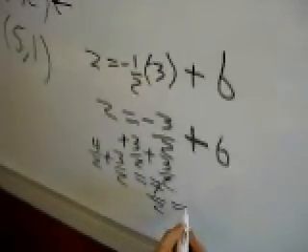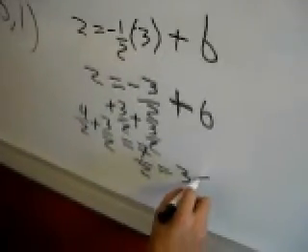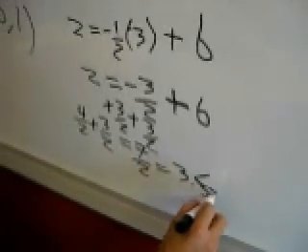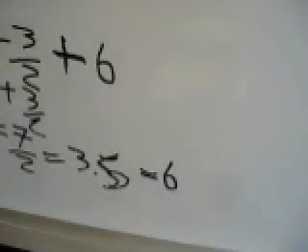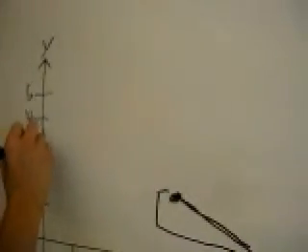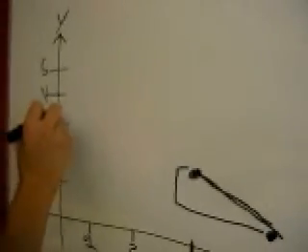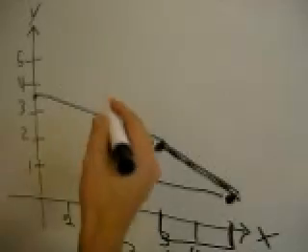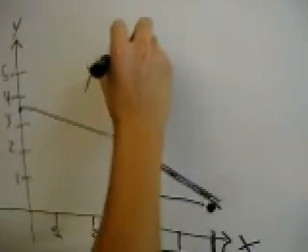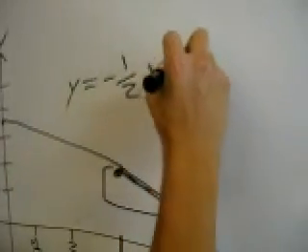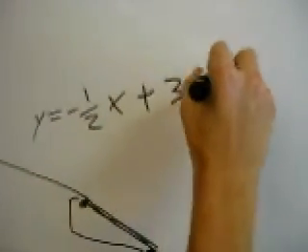Or if you wanted in decimal form, this would be 3.5. And that is equal to our y-intercept. So plotting this whole line here, our y-intercept will be at 3.5. I'll try to draw a straight line here. So our final formula for this line will be y equals negative 1/2 x plus 3.5.